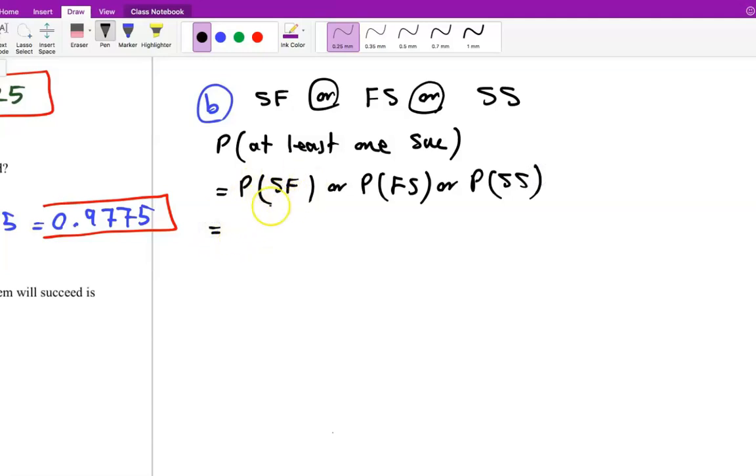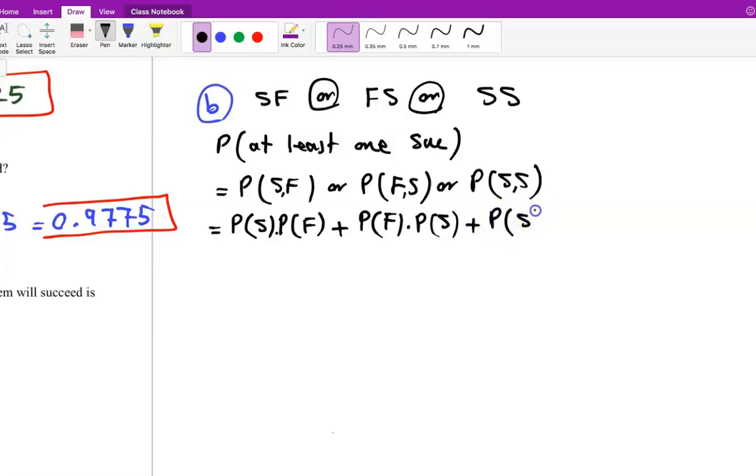So the probability, here we have, okay, let's use a comma in between. And that comma means I used and in between. When you have and in between, you should multiply. So here this is the probability of success, and so we should multiply by the probability of fail. Here is or, add the probability of fail, multiply by the probability of success. Here is or, so you should add.